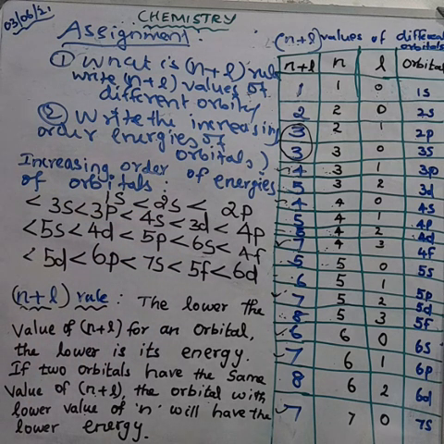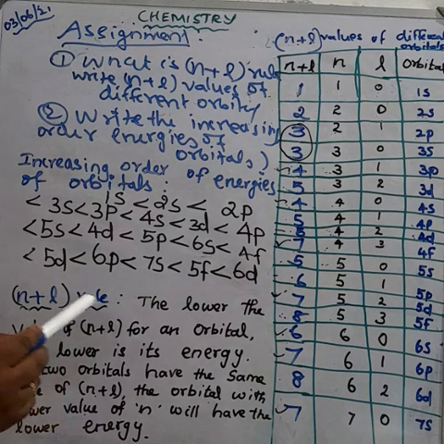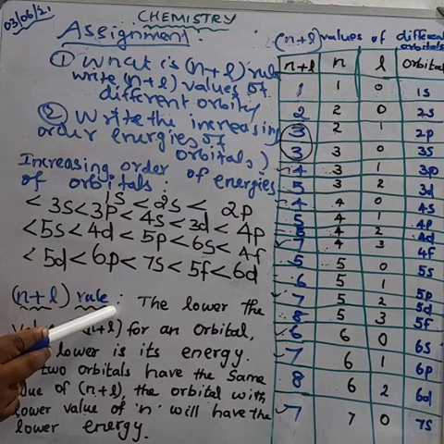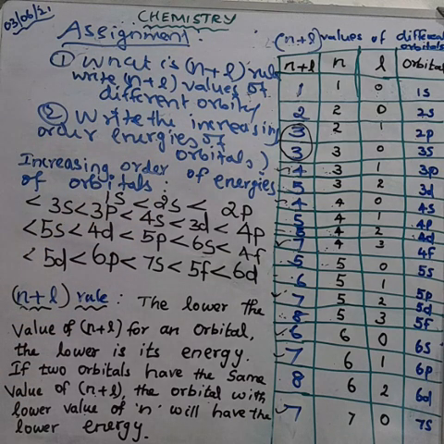Right now, the n plus l rule. Not the value, the n plus l rule. Write the n plus l rule of different orbitals.